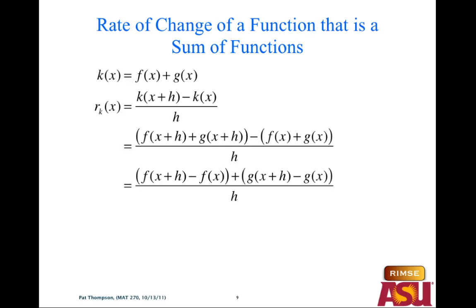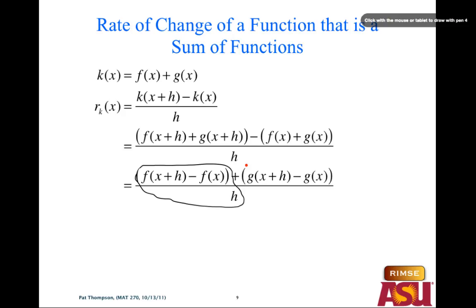And so what do I have? Can you see it? What is f of x plus h minus f of x over h? That's the rate of change of f, right? Do you see it?